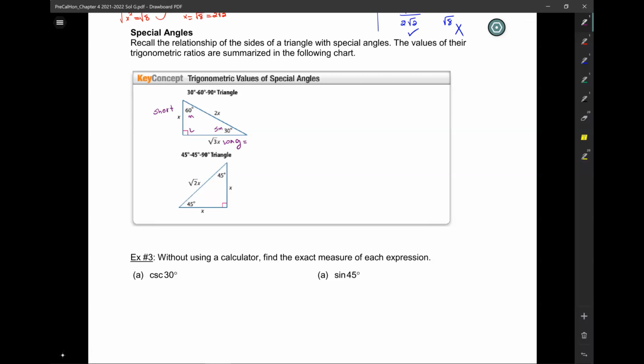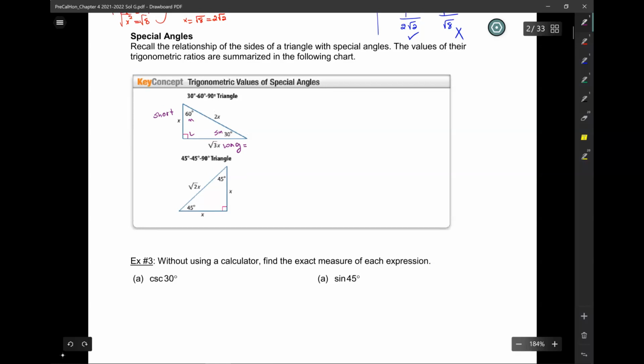Whatever the short leg is, here it's x. Remember, it's all about ratios. The long leg is root 3 times the short leg, so it's short times root 3. And then the hypotenuse is always short times 2.